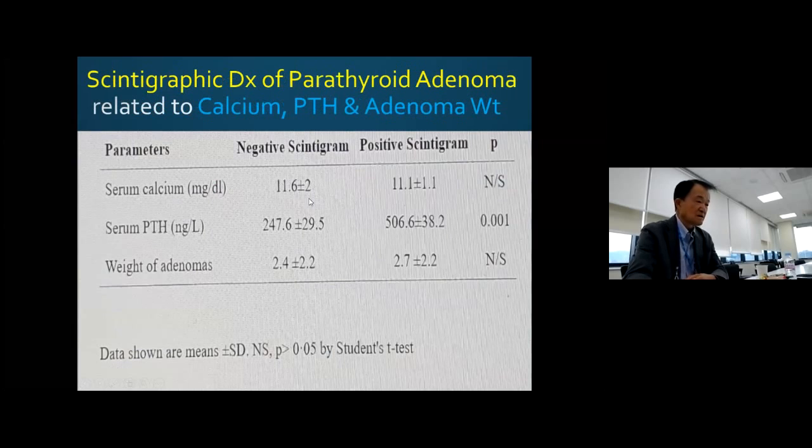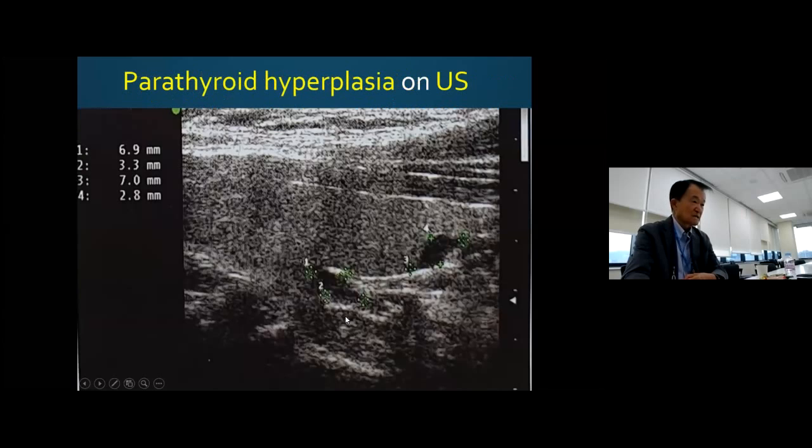So this calcium is often positive, negative. It's 11 to me. But the more parathyroid hormone certainly makes a more positive finding. The bigger one usually shows better, no question about that.